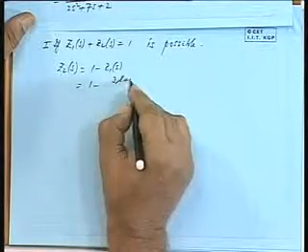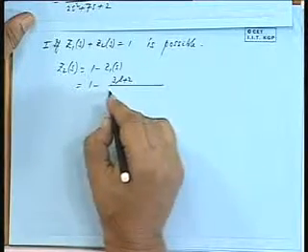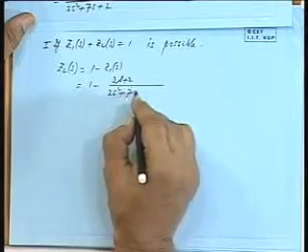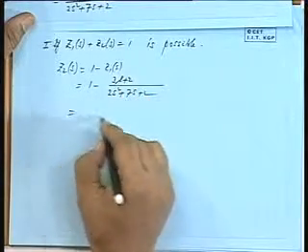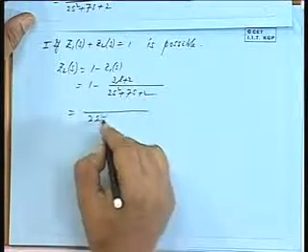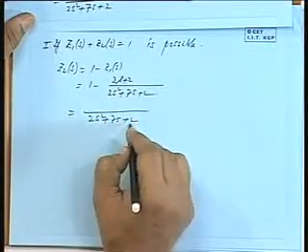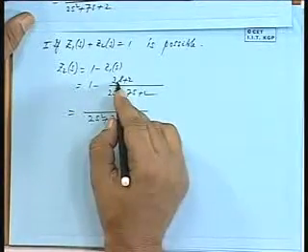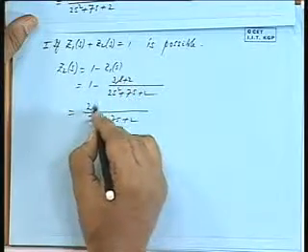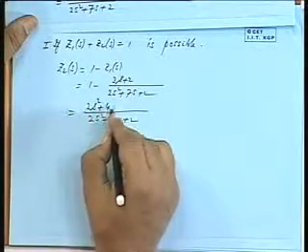3s plus 2 divided by 2s squared plus 7s plus 2, that is equal to 2s squared plus 7s plus 2 minus 3s plus 2, so 2s squared plus 4s.